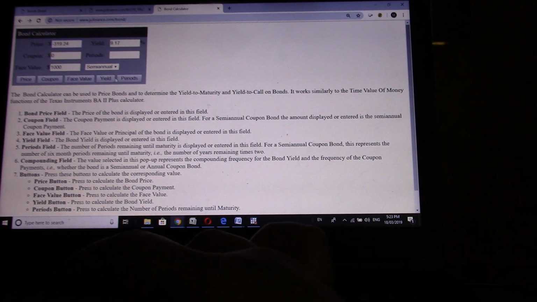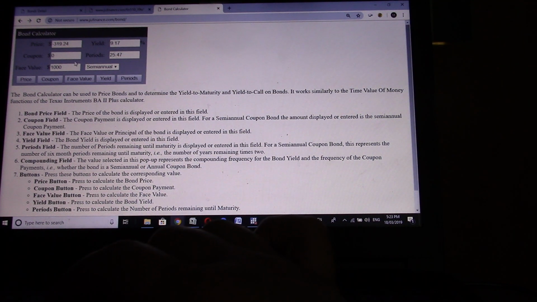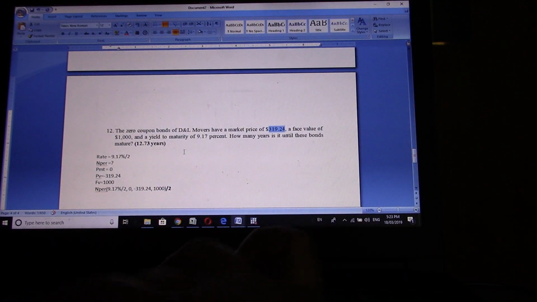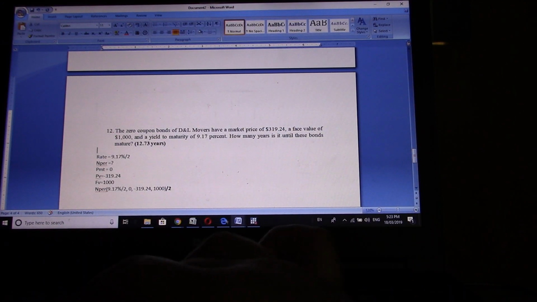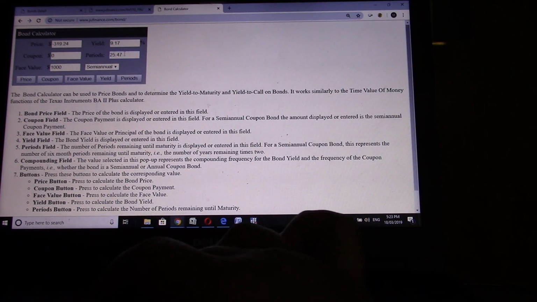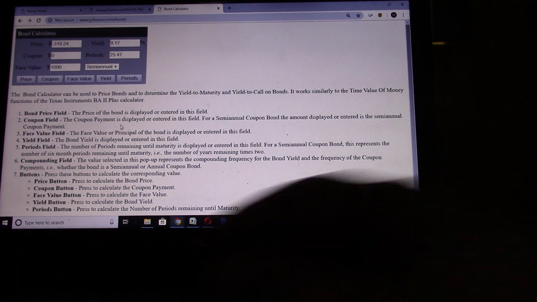Okay, 25.47, but remember the input for period and coupon are all for semi-annual. So you should use this number and divide it by 2, so it should be 12.73, that's correct. So you use this calculator, but remember the period should be divided by 2. The yield is always the annual interest rate. So it's this one.